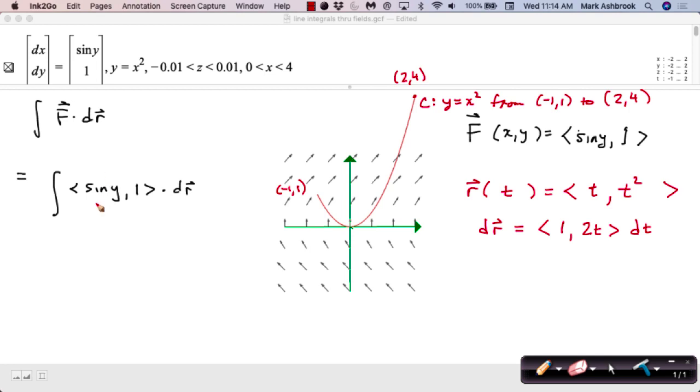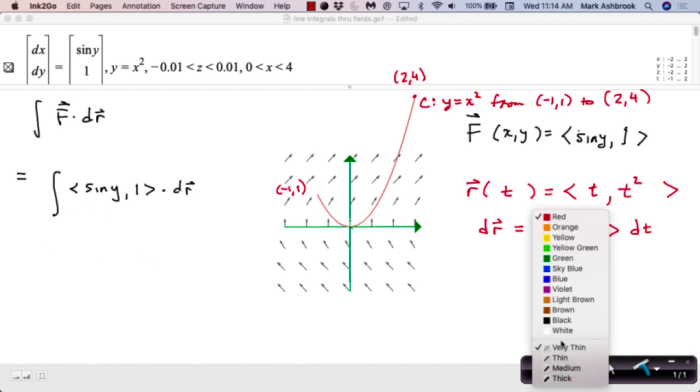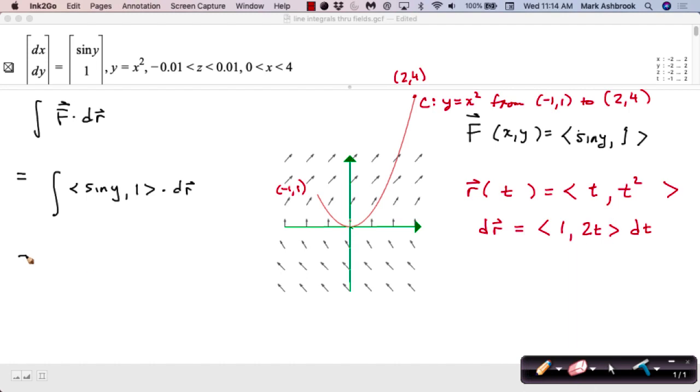But we need to get our force function, our vector field, in terms of t. Everything needs to be in terms of t. So we got sine of what? Sine of t squared, comma, 1, dot dr. What was dr? 1 comma 2t dt.